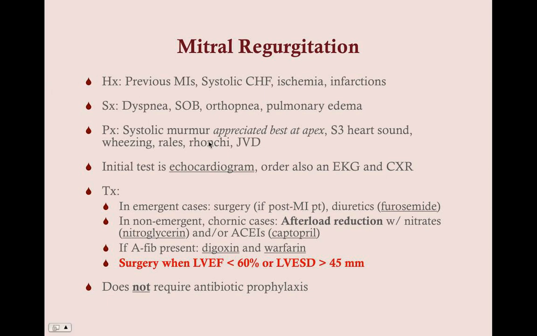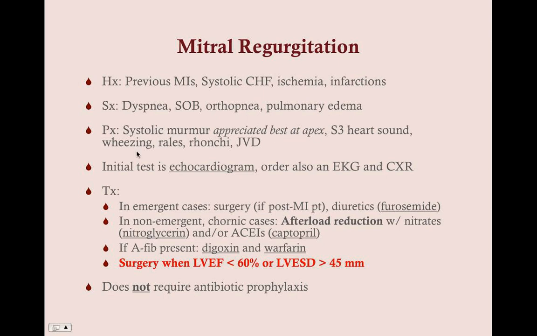With this one, with mitral regurgitation, congestive heart failure is almost always associated with mitral regurgitation. So you'll hear the S3 heart sound, you'll hear wheezing, rales, rhonchi, and jugular venous distension. So a very much congestive heart failure picture, but you'll have that systolic murmur too that doesn't come with congestive heart failure itself.